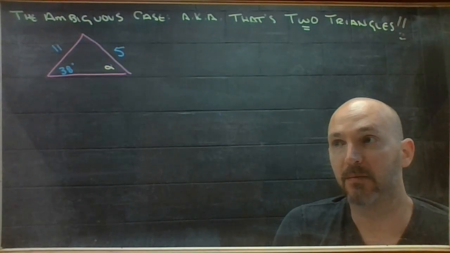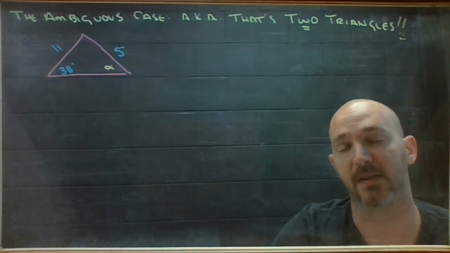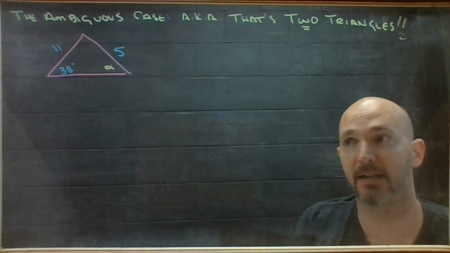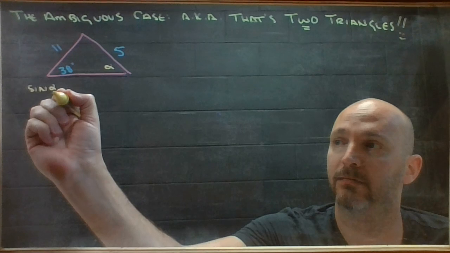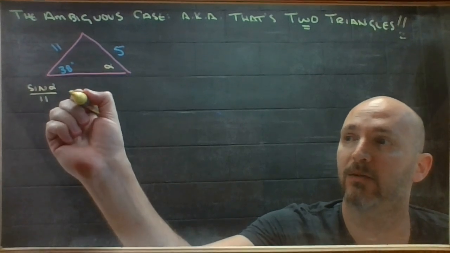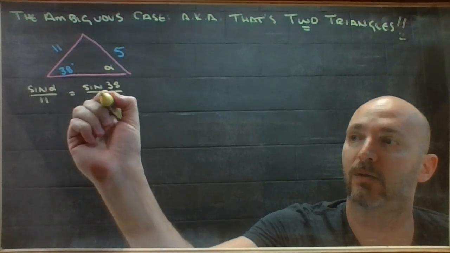Okay, another example. I have an angle across from a side and an angle across from a side. So that's another sine law setup. So sine of alpha over 11 would be sine of 38 over 5.